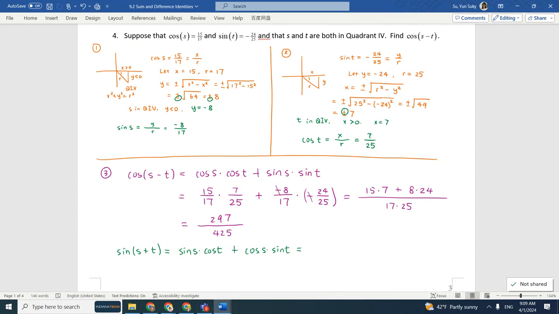What is sine S again? Negative 8 over 17. And times cosine T. What's cosine T?